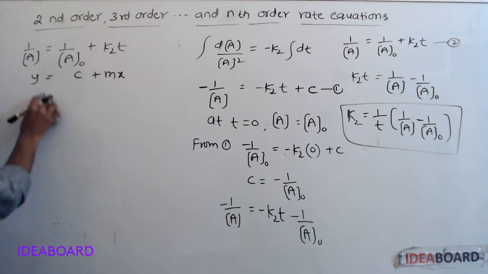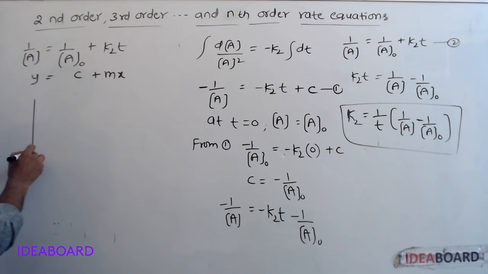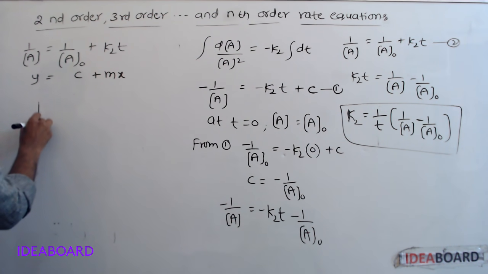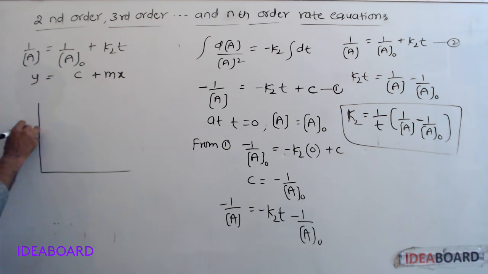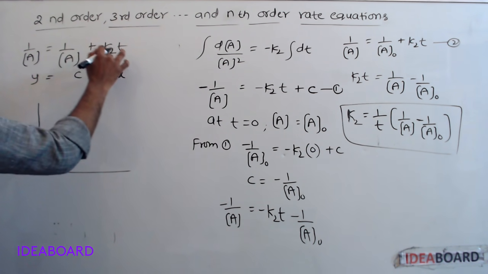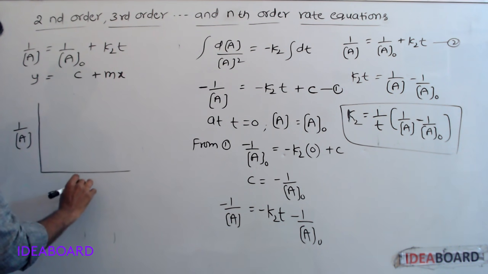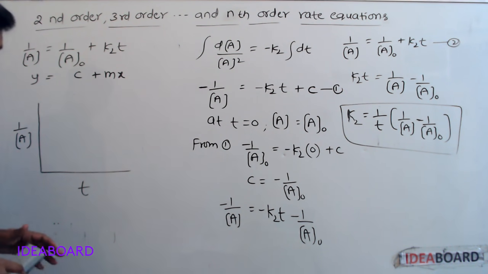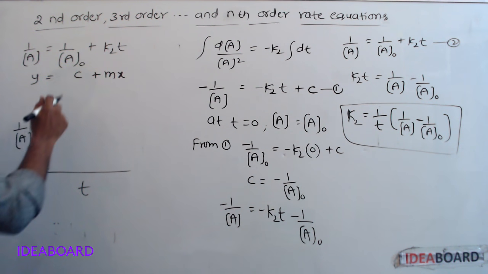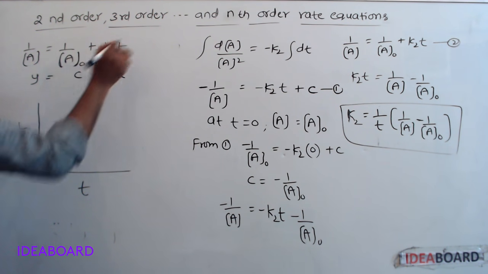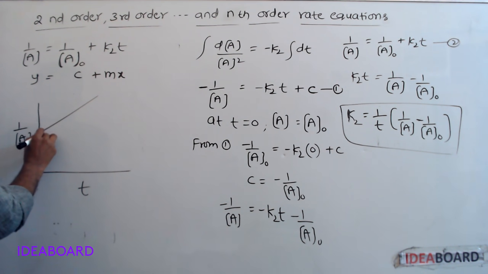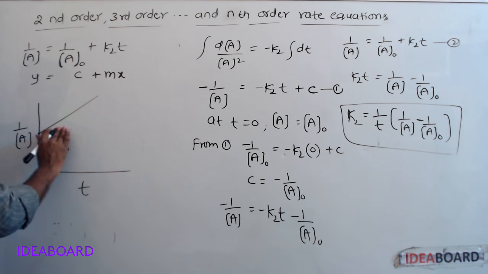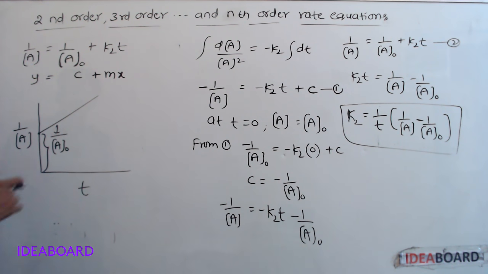So when a graph is plotted between 1 by A concentration and time, the y intercept is 1 by A naught, which is nothing but 1 by the initial concentration.